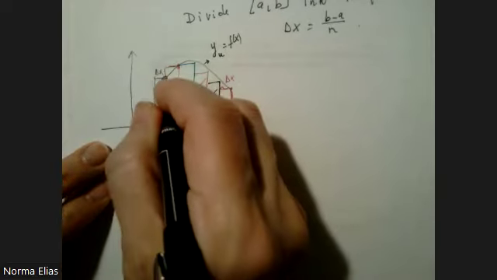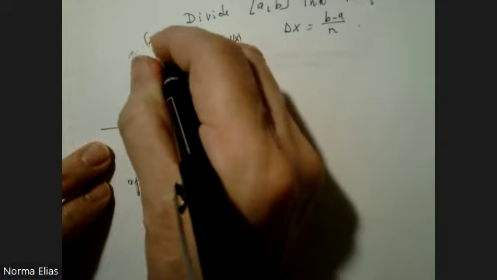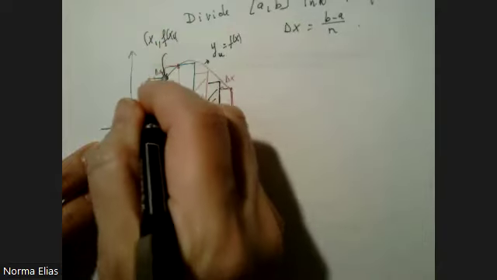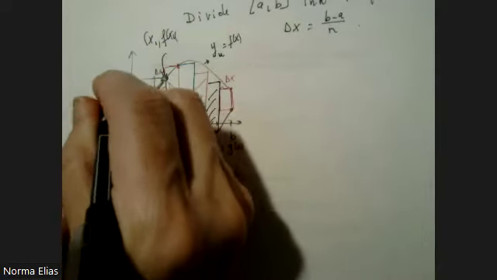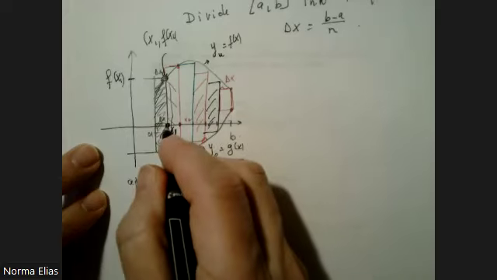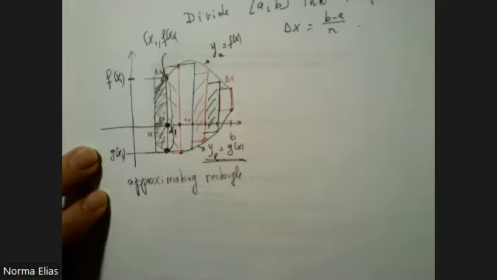If this is x1, it means this point here is x1, f of x1. It means this point here is the value of the function at x1. This point down here is on the curve y equal g of x. So if this is x1, this point here is g of x1.